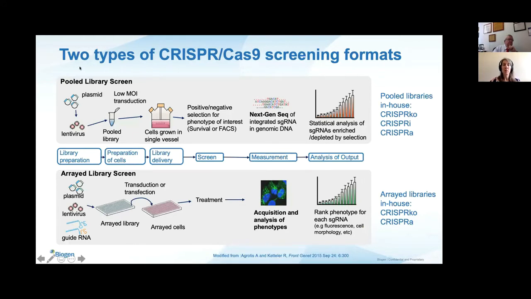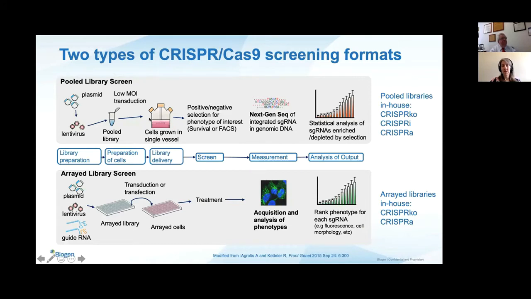You can do a pooled library screen, shown here at the top. Both of these techniques have their pros and cons, and I'll get into that briefly right now. In a pooled library screen, you have your library in a single tube, so that's pretty cheap to make, relatively speaking. You infect your cells at a low MOI so that you don't have more than one guide per cell, and you grow these cells up in a single vessel.